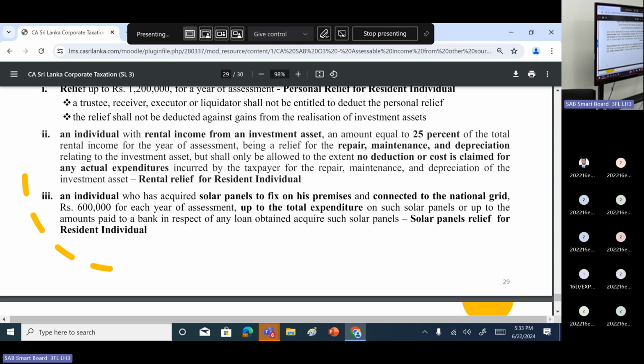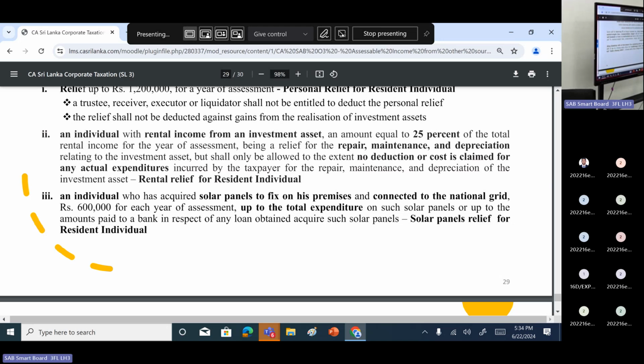And up to 600,000 per year we can claim, even if it is his own cost out of his pocket or even a loan. Up to the full cost you can claim, but for a particular year it is limited to 600,000.